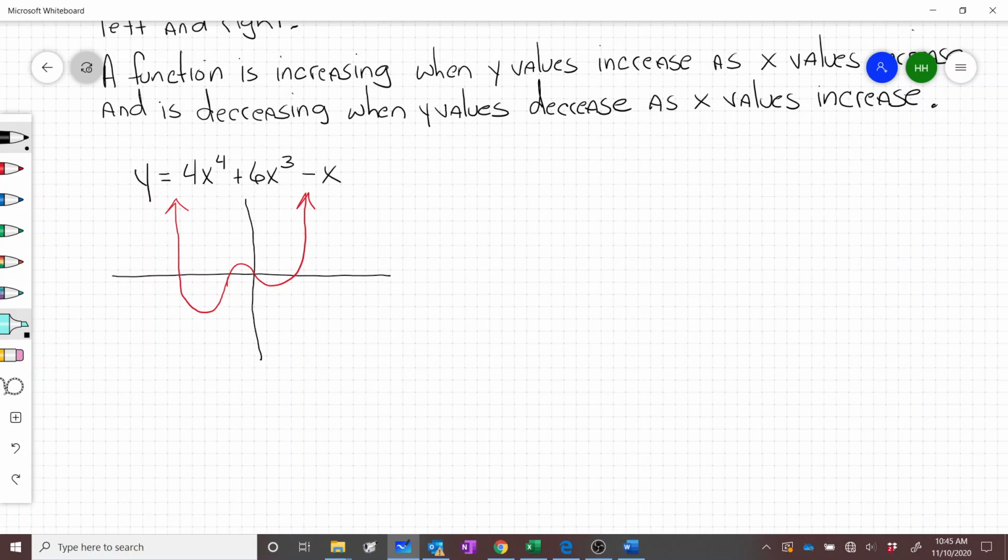This end behavior is referred to as up and up.